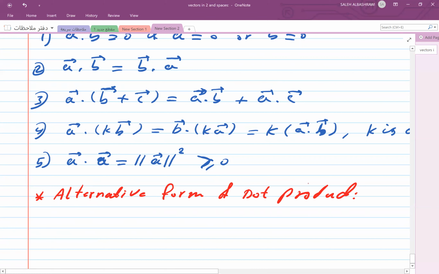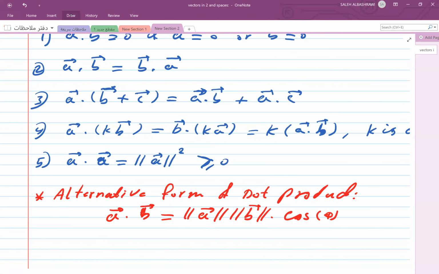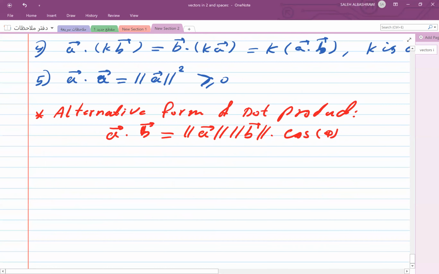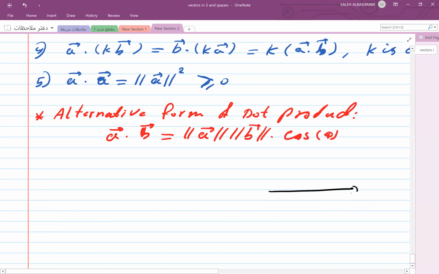That is A dot B equal to the magnitude of A multiplied by the magnitude of B multiplied by cosine of theta, where theta is the angle between the two vectors A and B. This is A, this is B. So the dot product A dot B equals the magnitude of A multiplied by the magnitude of B multiplied by cosine theta.